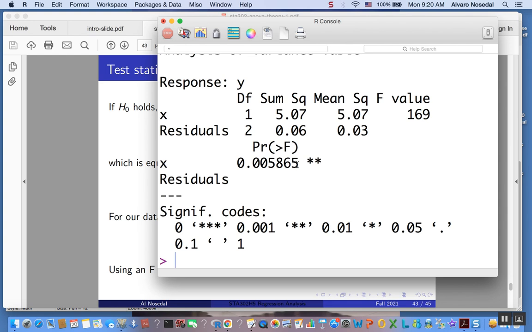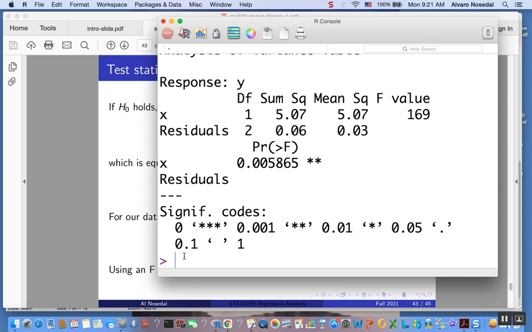Okay, note that we said the probability that you get to see something as huge as 169, given that the null hypothesis is true, is really small, is 0.005, right? So another way of finding that p-value would be like this. It turns out that R has a function to find the areas to the left of distributions.